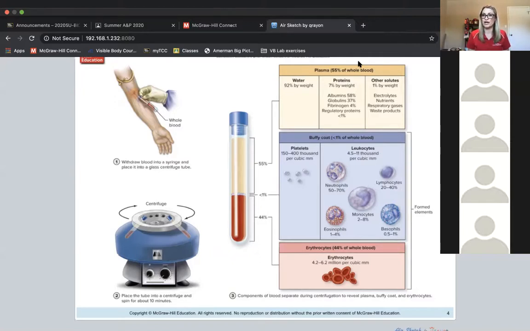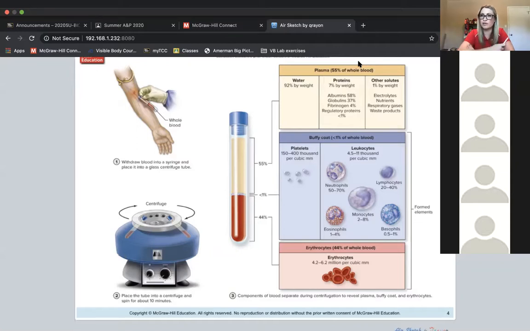I am not going to ask you percents for albumins or globulins, but I would like you to know that the most abundant proteins are albumins. So you don't have to tell me it's 58%, but know that the most abundant proteins are albumins. Also know that most of the plasma is water. Again, you don't have to tell me it's 92%, but know that the largest component of plasma is water.